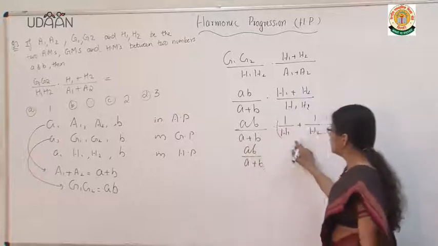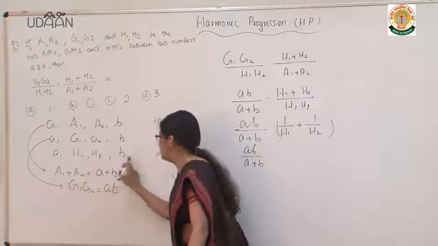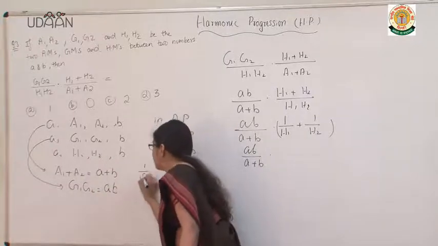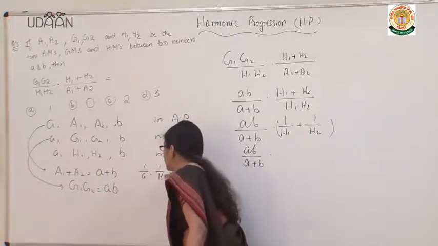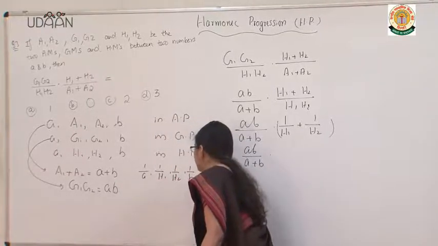Can you say what is 1 by H1 plus 1 by H2? A, H1, H2, B are in HP. So 1 by A, 1 by H1, 1 by H2, 1 by B, they are in arithmetic progression.